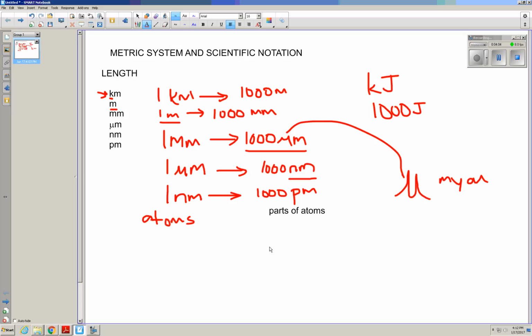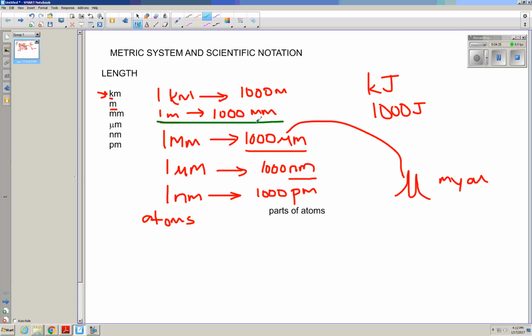So you basically have a size scale which goes, and I don't want to go from kilometers, I want to stay with meters here. You have a size scale which goes from the meter stick, which you guys are all familiar with, and from the meter stick down. If I want to go from meters down to picometers, I take 1 meter and multiply it by 1,000, multiply it by 1,000, multiply it by 1,000, multiply it by 1,000.